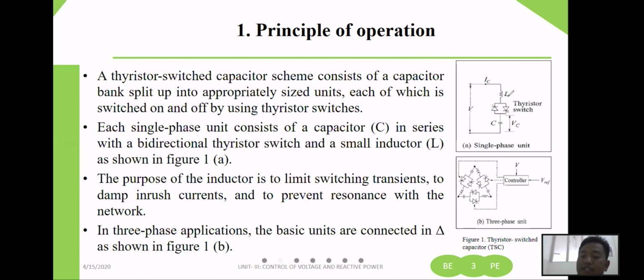Then how do we choose the time T2? The switching off instant T2 corresponds to a current zero. So we choose the switching off time when the capacitor current is equal to zero. Why are we not choosing here?